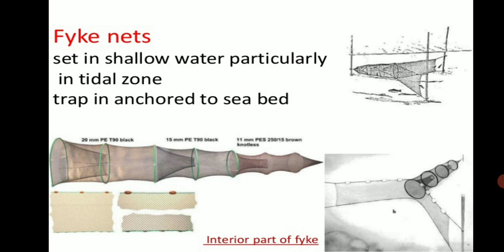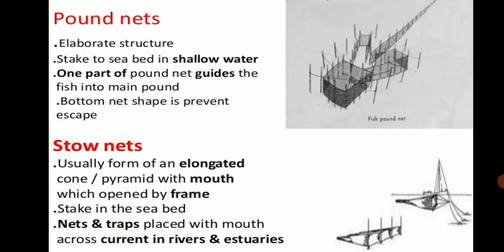This is a picture showing the fyke nets. Pond nets are elaborate structures, fixed to the seabed in shallow water. One part of the pond net guides the fish into the main pond, and the bottom net shape prevents their escape.